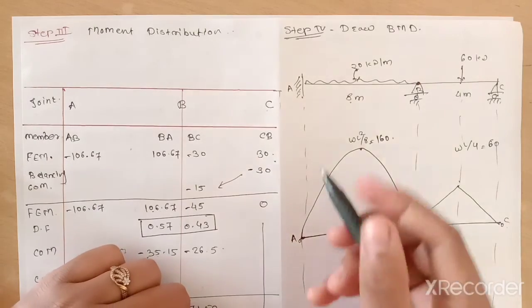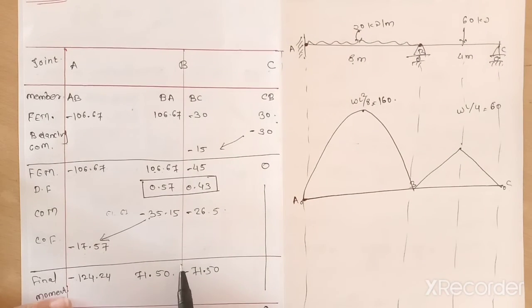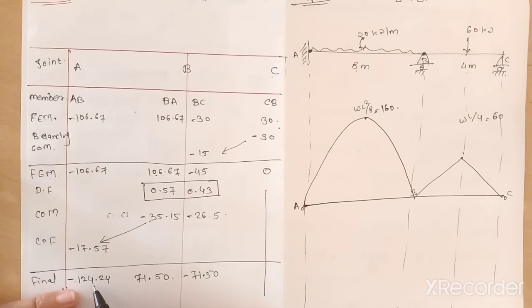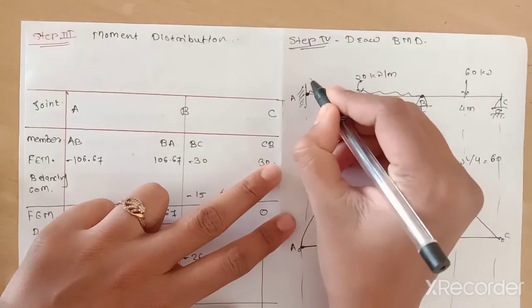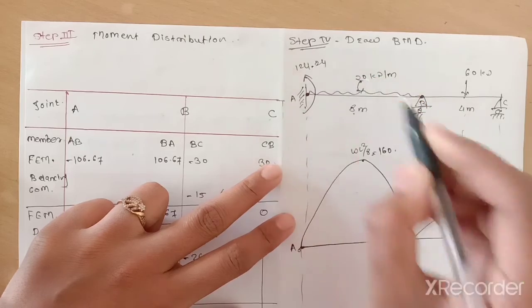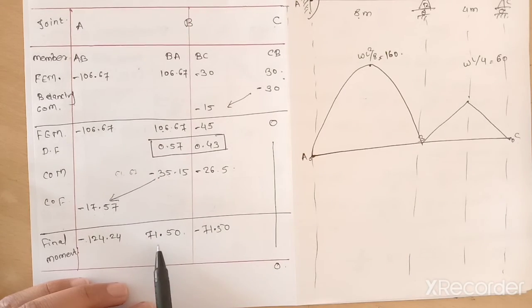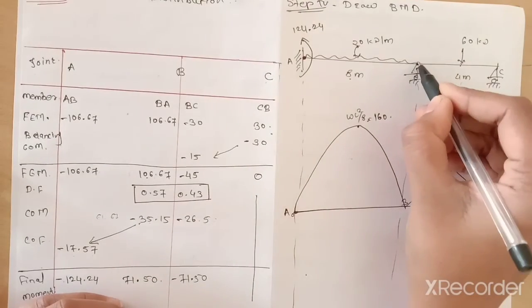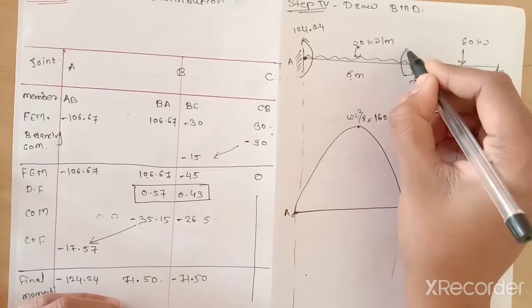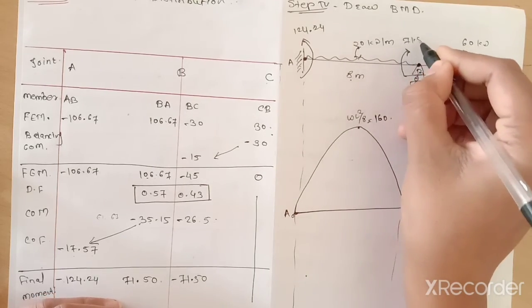Okay. Then next, put this final moment value. So first AB member, this final moment is minus 124.24. So here we take anti-clockwise sign, 124.24. Then at point B, final moment is for BA member 71.50 and for BC member minus 71.50. So here plus, that's why we take here positive clockwise sign and here anti-clockwise sign, 71.50.